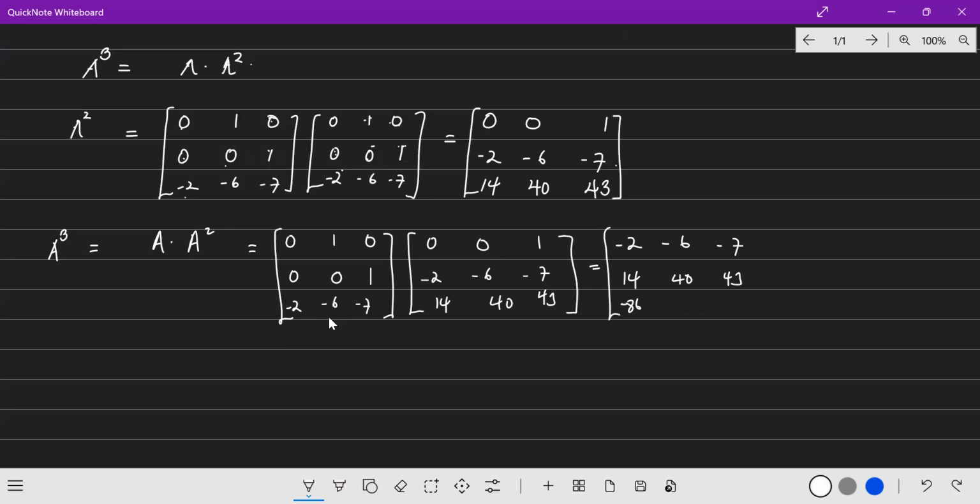And then -6 by -6, that is 6, right? Then -7 by 40. So you're going to add them. -7 by 40. So it's -244. How? I don't know. I'll check. Okay, I'll check why is that the case.